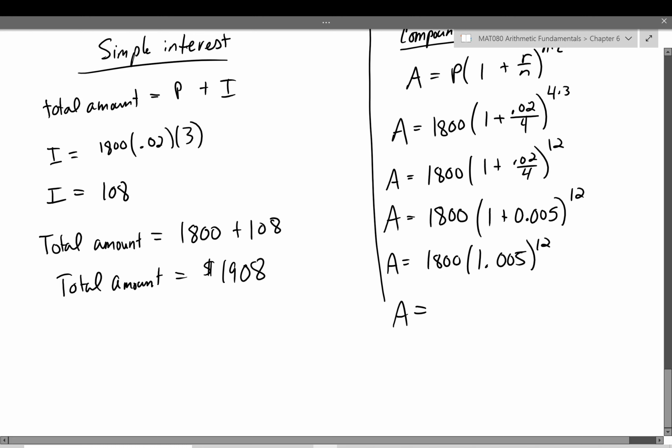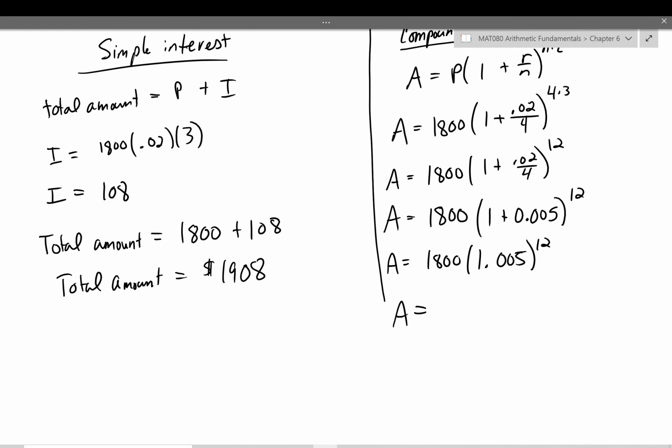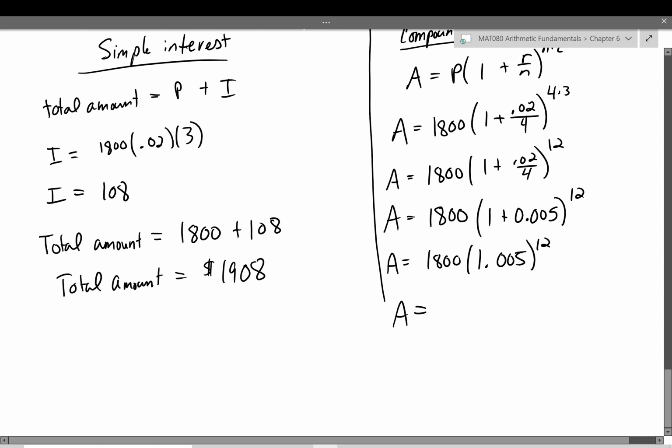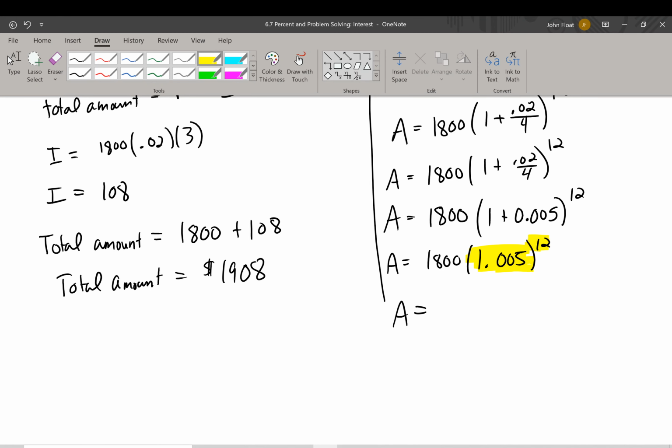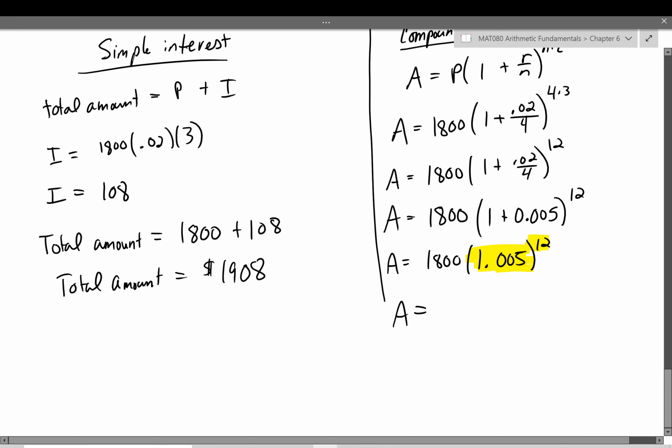Now we need to do the exponent. Let me highlight what I'm talking about here, because I know some of us may want to do 1,800 times 1.005, and that's incorrect. We have to do this first, what's highlighted. Now, my suggestion, honestly, I would just get a calculator and type that into my calculator, okay?